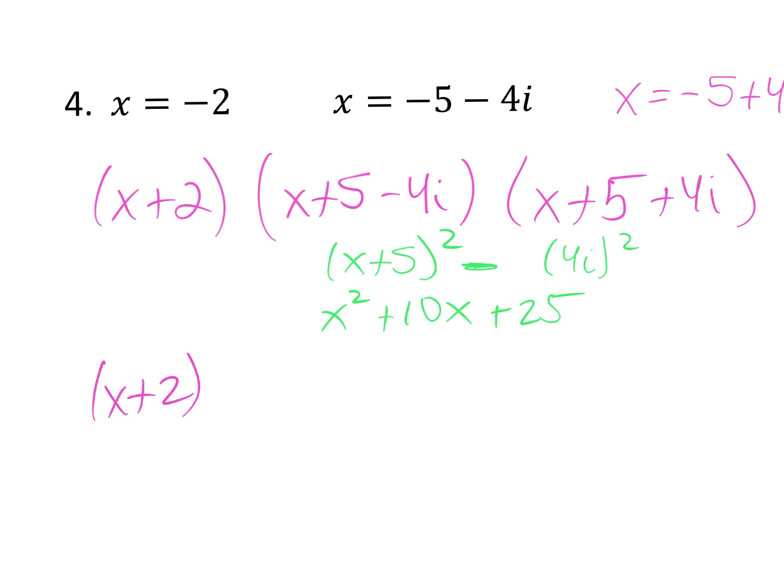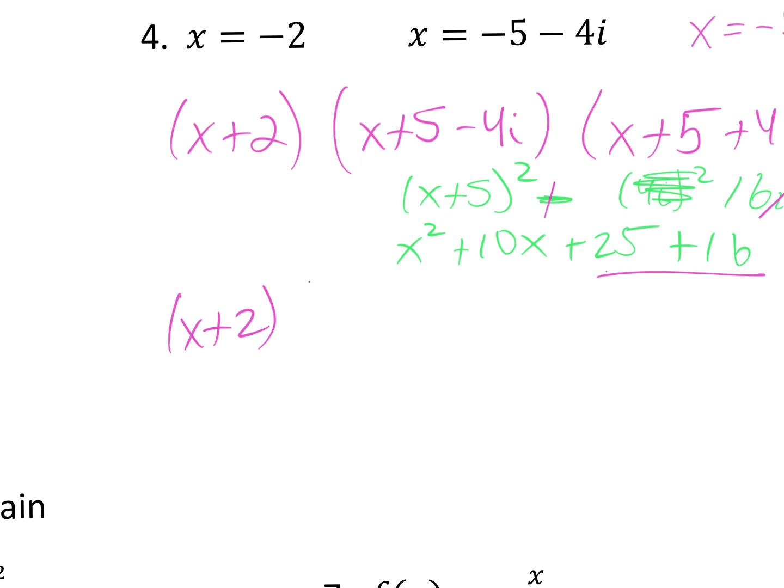And then I have 4i squared. Well, what does 4i squared equal? 16i squared, which is the same as plus 16. i squared is negative 1, so we cross it off and change the sign. So we got to add those two together. So I'm going to FOIL together x plus 2 and then x squared plus 10x plus 41.